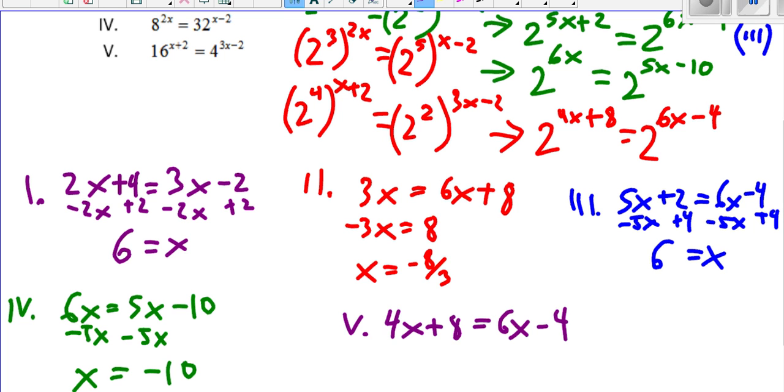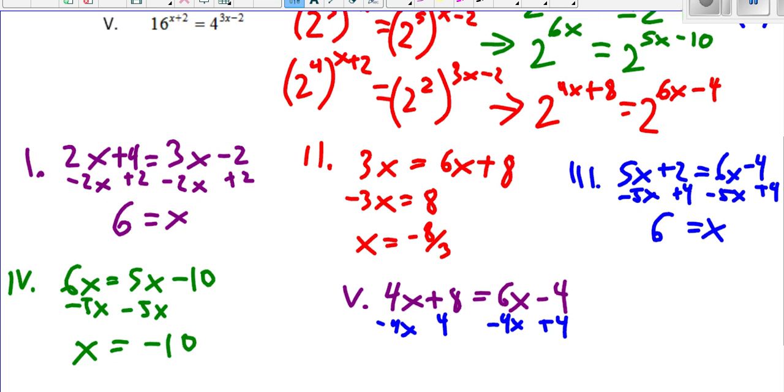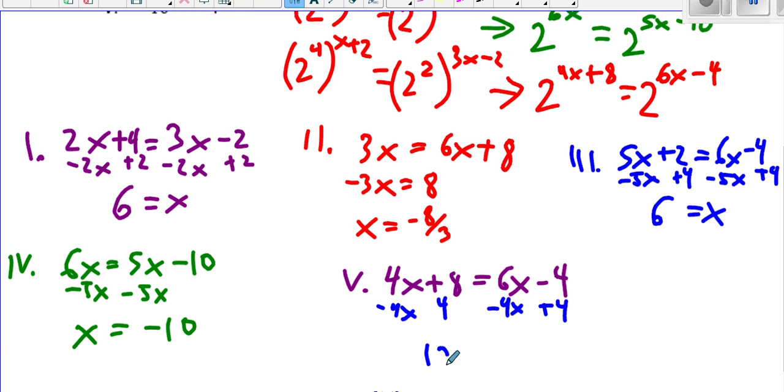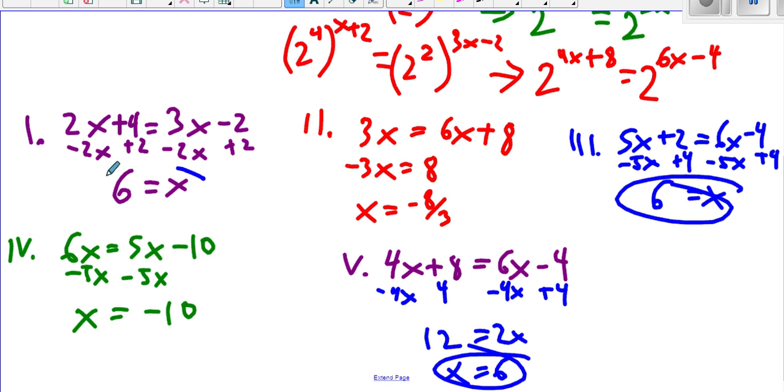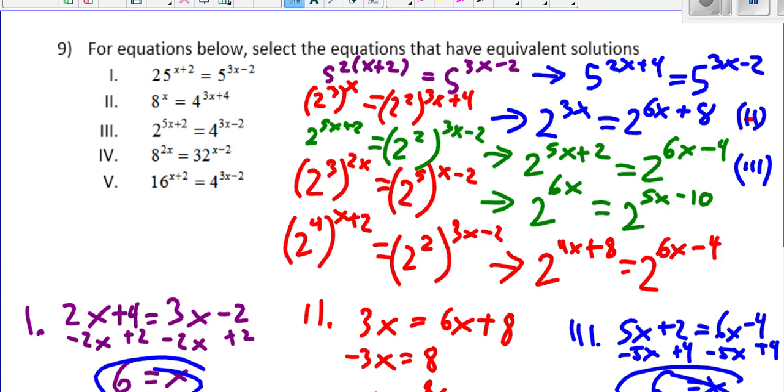Get your x's together, so minus 4x. Then we'll add the 4 to the other side. You get 12 equals 2x. X equals 6. So, x equals 6 3 different times: 1, 3, and 5.